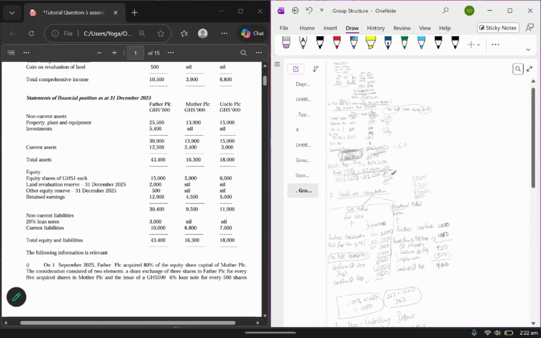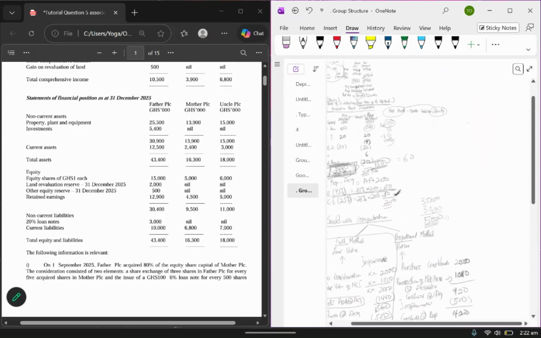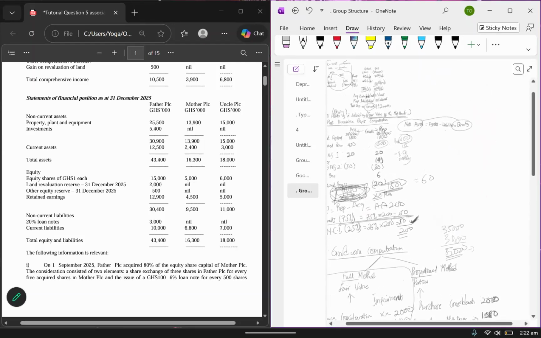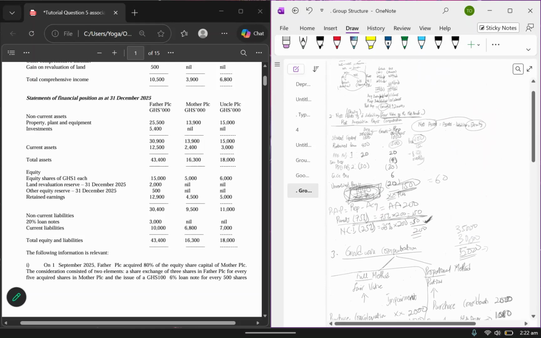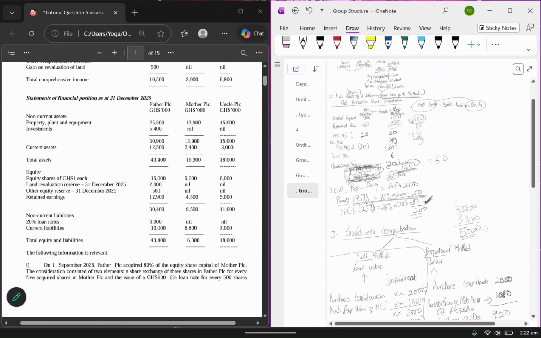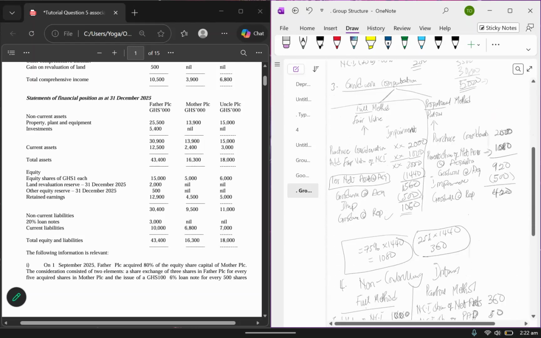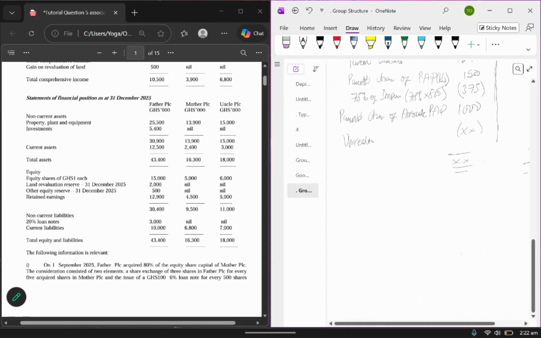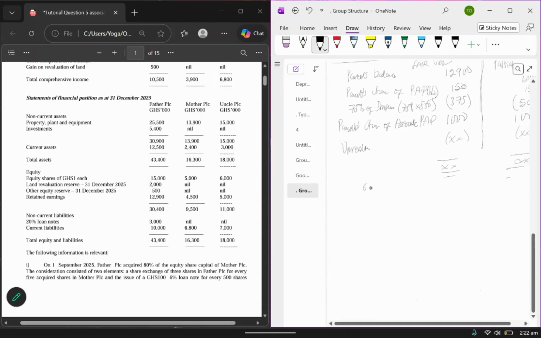But if you are going to do the consolidated statement of financial position, you are definitely going to prepare them. I've not seen a question where we solved for the statement of financial position where we refused to solve any of the 5 basic workings. But it doesn't mean that the workings are limited to 5. Okay. If they are associates, you do what?